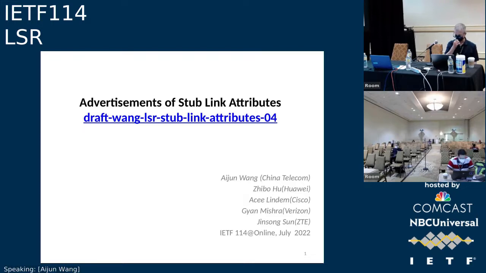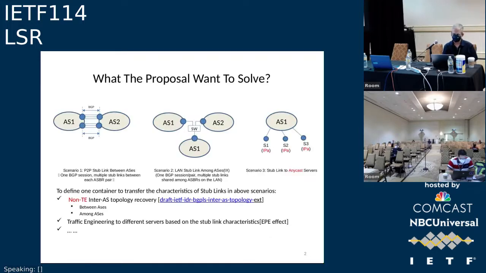So this is the update for the advertisement of the stub link attribute. Here I want to describe what problem we want to solve. I just describe 3 scenarios that we have encountered in our network.